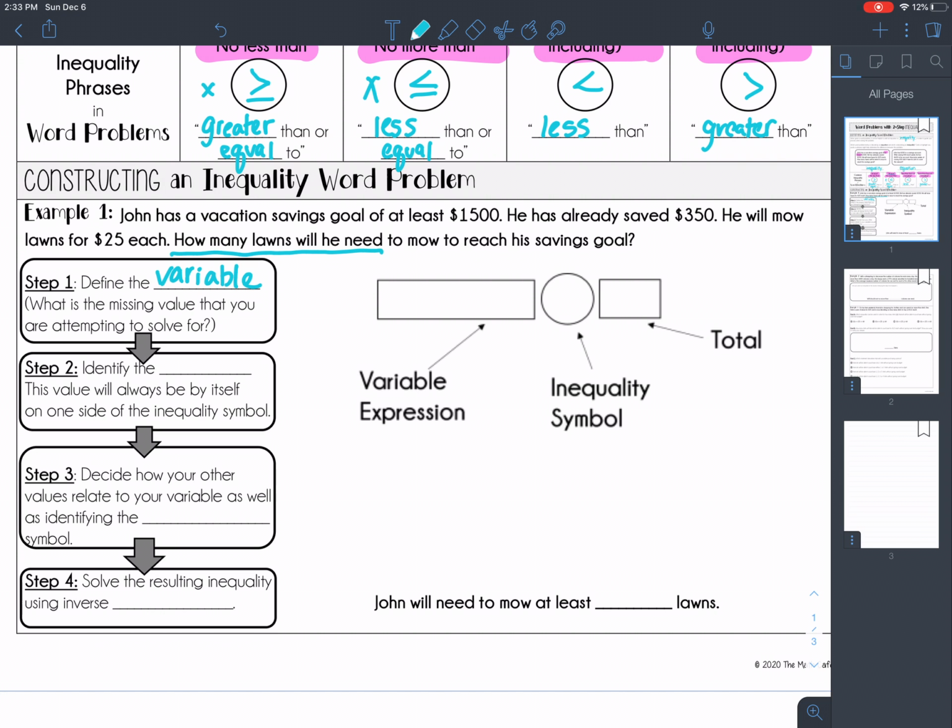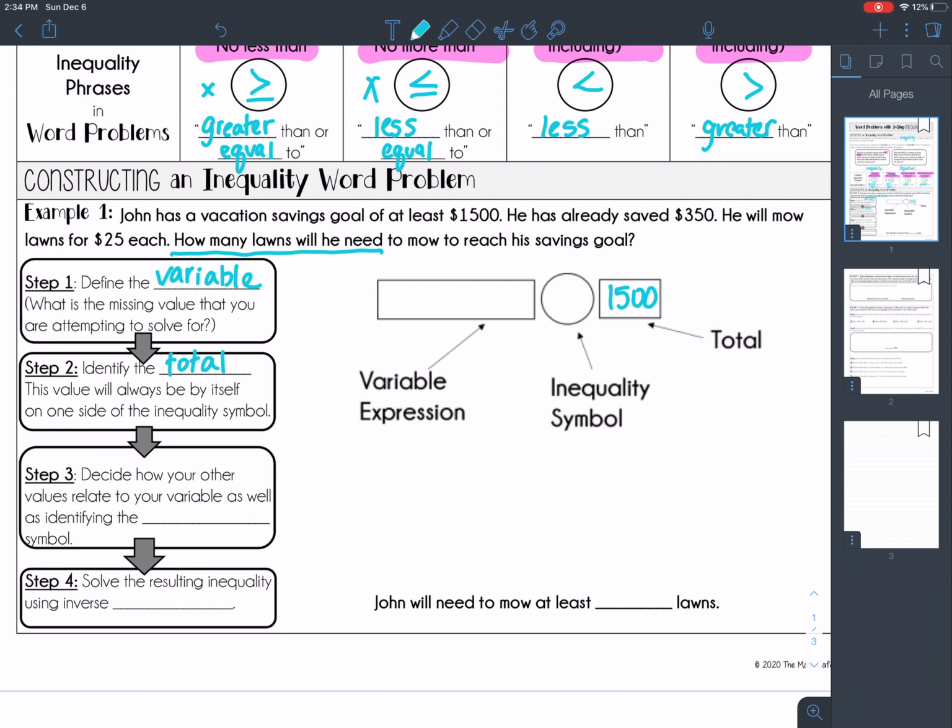The second step is identify the total. And this is going to be just like in an equation, on the other side of the symbol. So instead of an equal sign, we're going to use an inequality symbol. Our total, which we know here is going to be $1,500, is our goal.